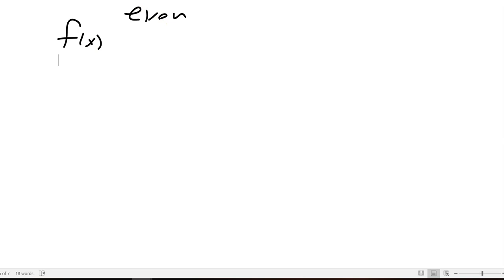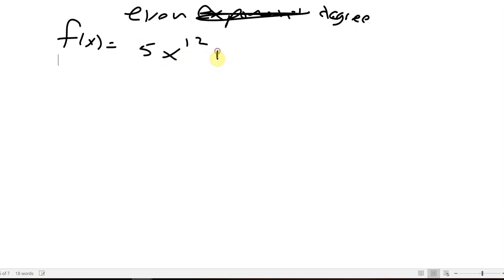I know I used specific examples, but it didn't matter whether it was a 3, 5, 7, or whatever. So if we have an even exponent for our, I should use the word degree, so the highest exponent is even, so maybe it's a 5x to the 12th plus 6x minus 2, whatever.